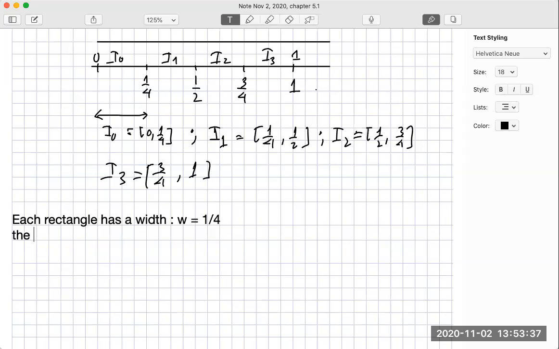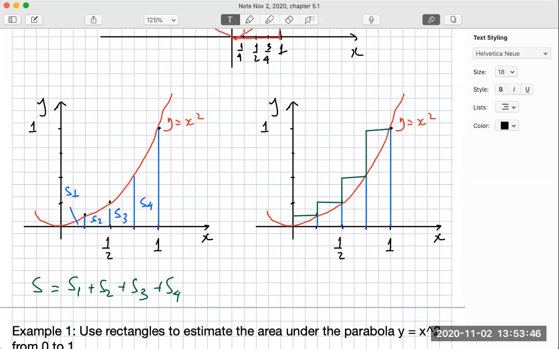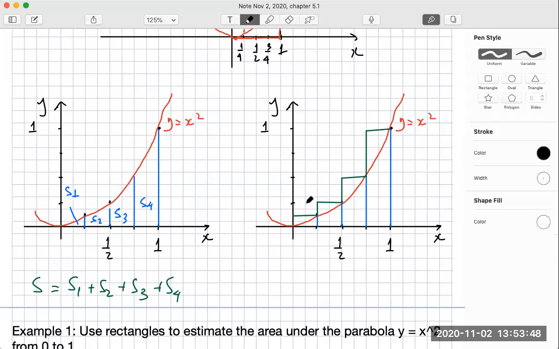And the height of this rectangle, look at this. What is the height of the first rectangle here? It's satisfying the equation here, right? Yes, it is 1 over 4 squared, or 1 over 16. The same story.